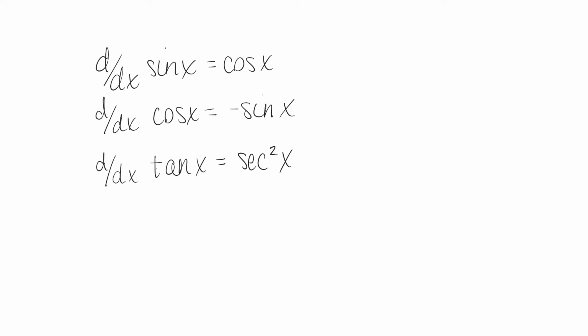All right. Then let's move over to the derivative of cosecant x. Now brace yourself, it's negative cosecant x times cotangent of x. Okay.